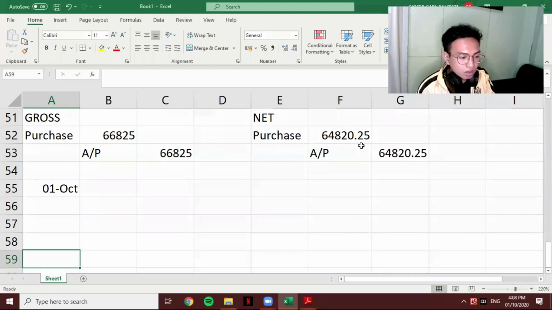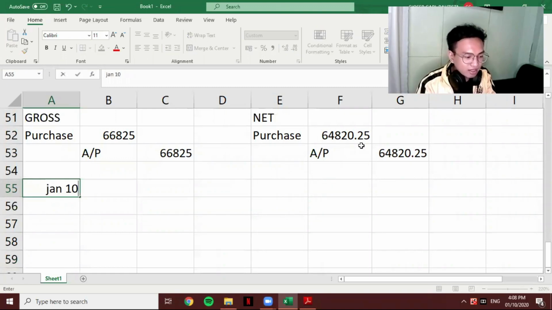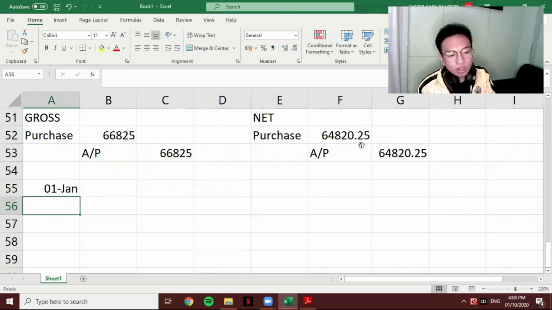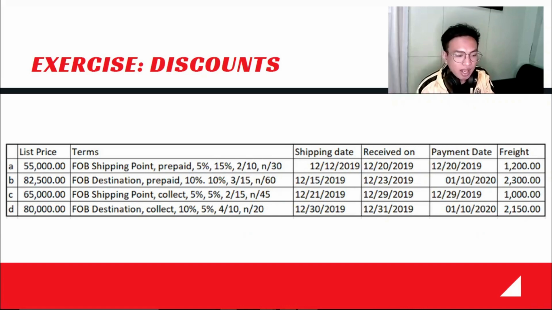So, January 10 nagbayad. Therefore, they are way past the deadline. Although, pasok pa naman sila sa credit period na 60 days.